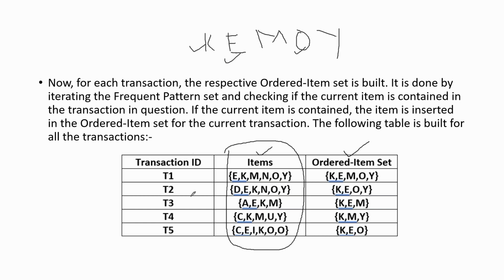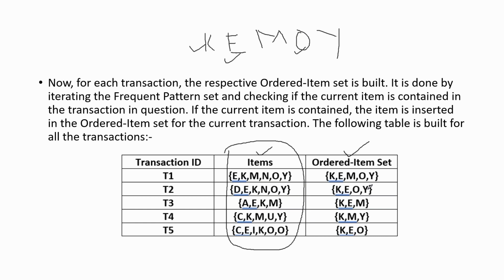Fine. Now again in T2 we will check like this. First we will search for K. Is K there or not? Yes, K is there, so first we will write K. Then we will search for E. Is E there? Yes. Then we will write E. Then we will search for M. Is M here? No, M is not here, so we will not write M. Then we will check for O. Yes, O is there and Y is also there. So we'll write it like this.